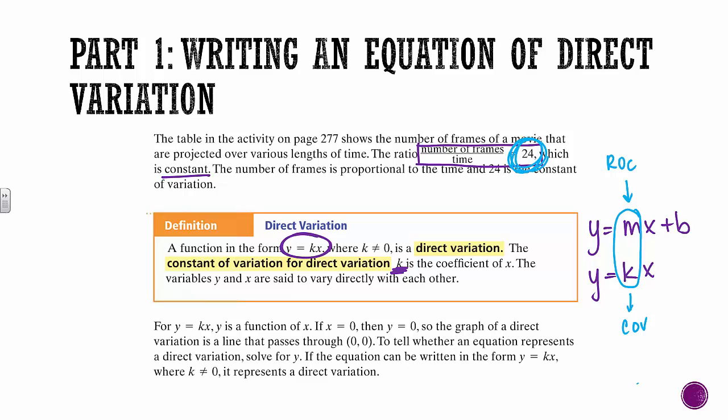It's this ratio of change, and in the last problem it was 24. The other huge difference here is there's no b. Your b is always 0 for direct variation. So that means because it's always 0, it has to pass through the point 0, 0. If it does not, if it has a y-intercept, then it is not direct variation.